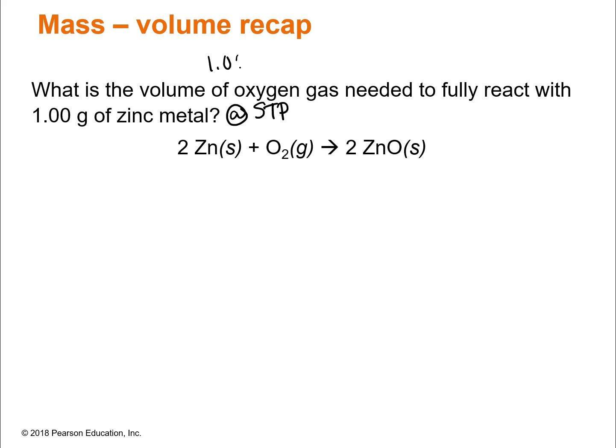We still have the 1 gram of zinc, but this time we're going for a volume of oxygen gas. I'll give you the generic, how you solve it, and then I'll put up our plan and we'll fill in some numbers just like before.